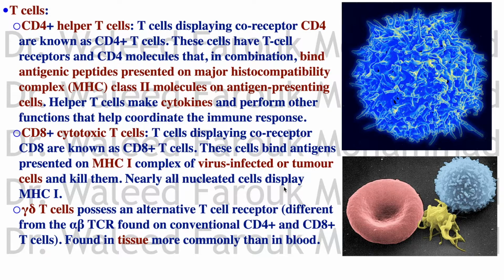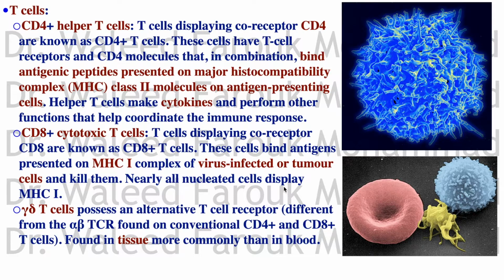Class 2 responds to agents from outside the cell. Helper T cells also make cytokines and perform other functions that help coordinate the immune response.